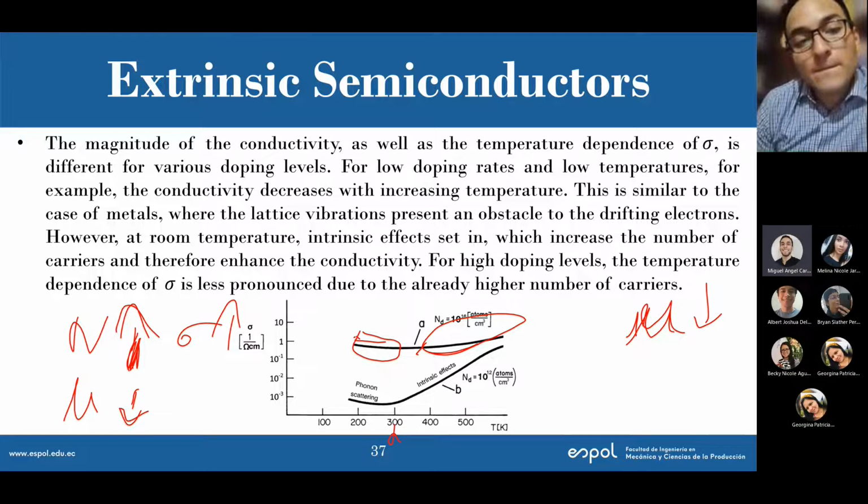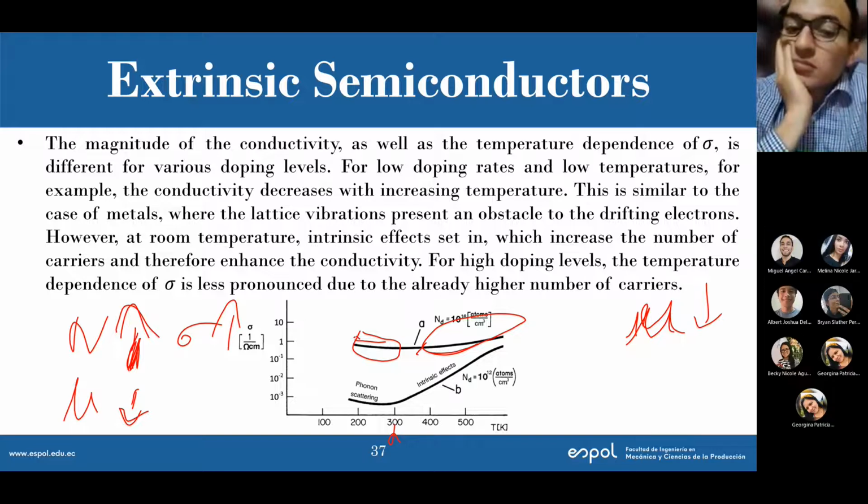But we're going from 0 point, for example. I wanted to say that we are at 300K, and we're moving to 500K. Although I have intrinsic effects, the curve that I am seeing is going upwards.